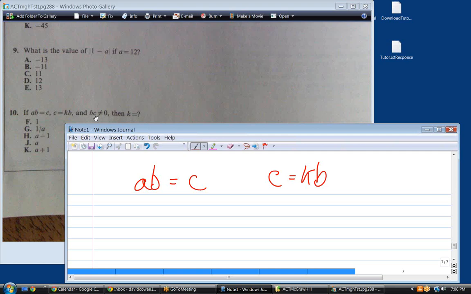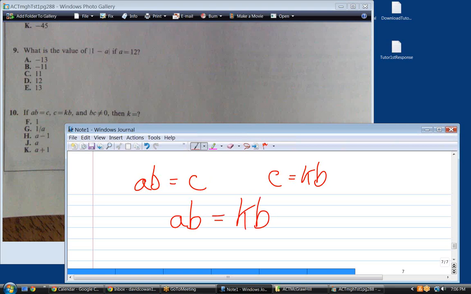Well, if AB is equal to C and KB is equal to C, what can you say about AB and KB? It's the same C. If AB is equal to it and KB is equal to it, then AB has to equal KB.